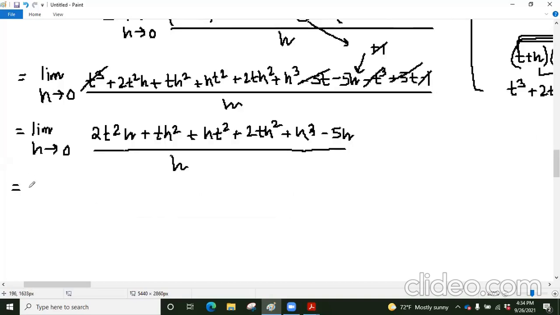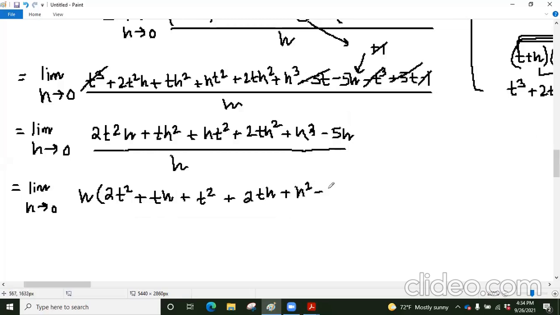And then this would just be a matter of factoring out everything. So we'll go ahead and grab the h because h is consistent throughout. So we'll say, h and then 2t squared plus th plus t squared plus 2th plus h squared minus 5, all over h.